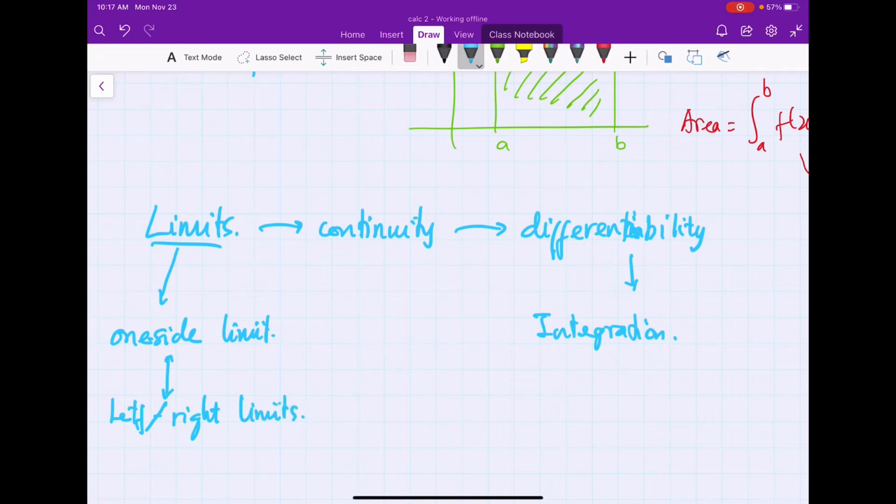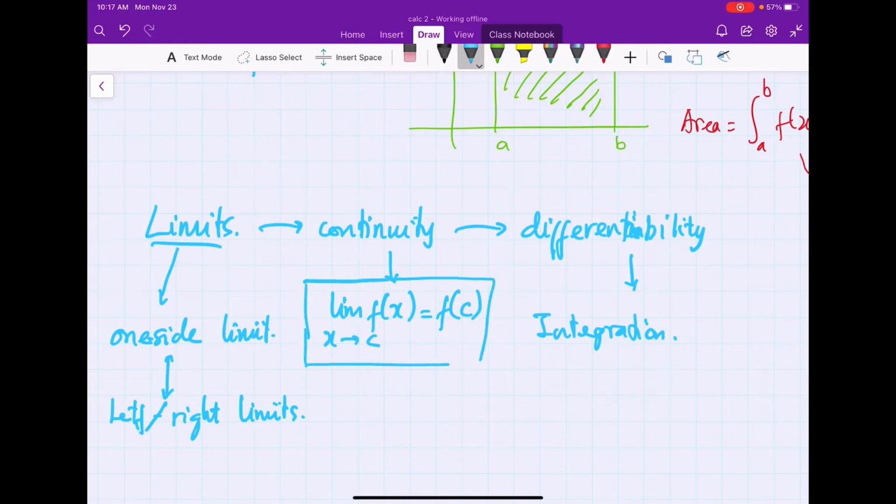How about continuity? When you move from limit to continuity, you need something else. At least for a function to be continuous at some point, that point should belong to the domain of the function, and the limit should be equal to the function value. So this is the condition for function f to be continuous at c.